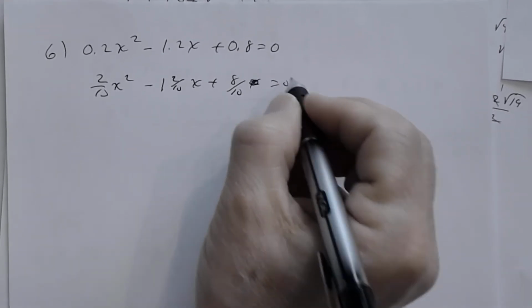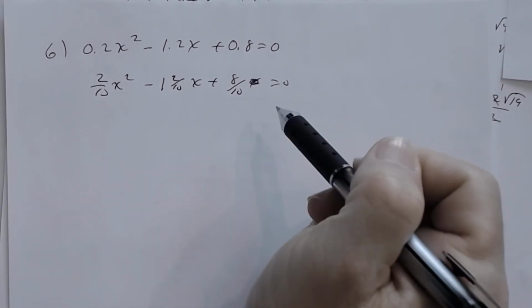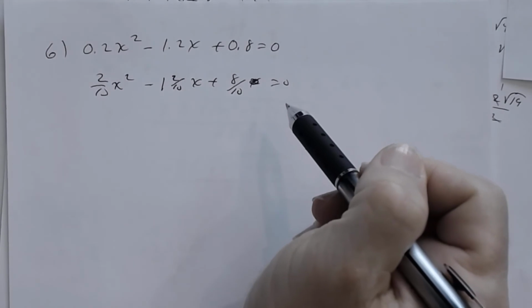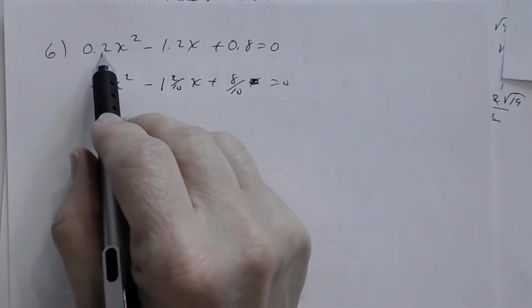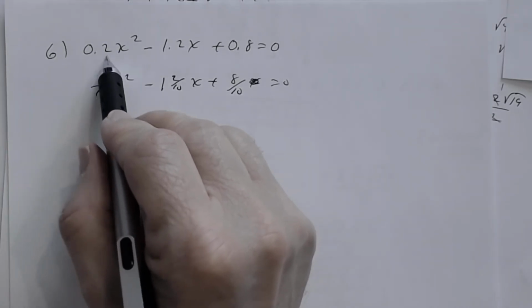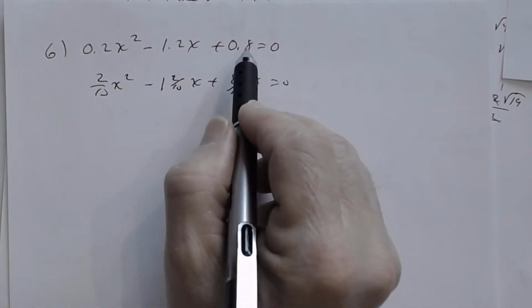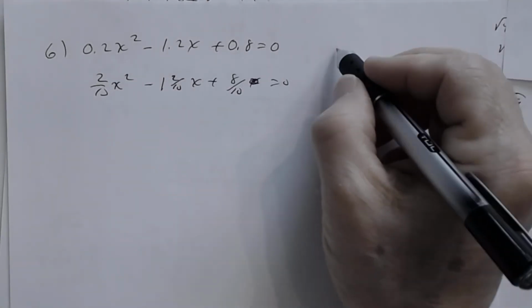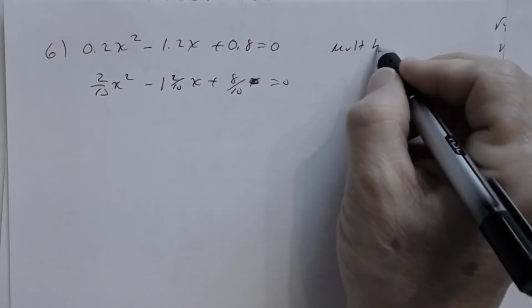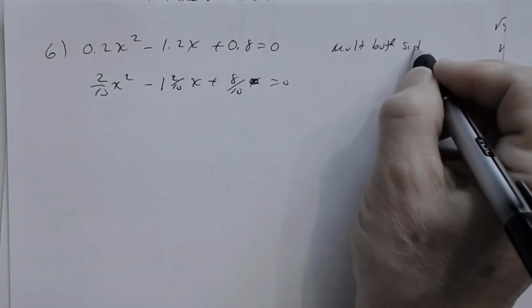So if you look at this, what is the least common denominator? Well, that's 10, correct? So what I'm going to do is, since this is 2/10, this is 1 and 2/10, and this is 8/10, I am going to multiply both sides by 10.